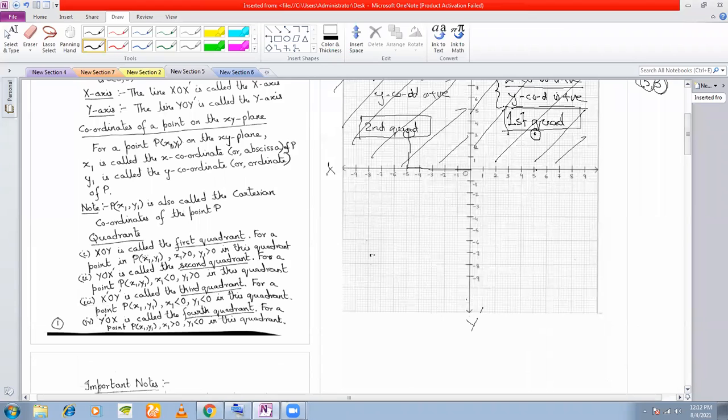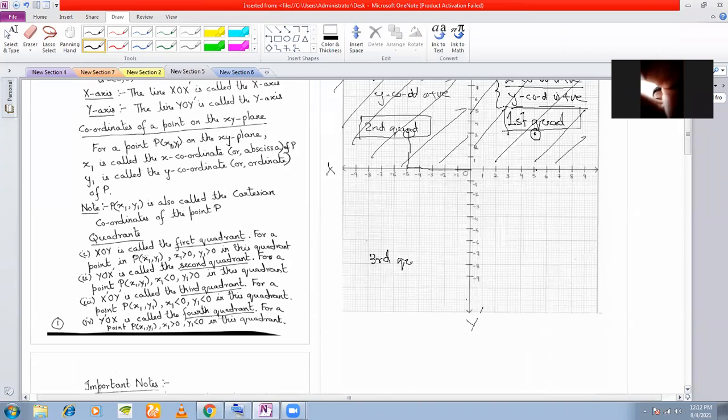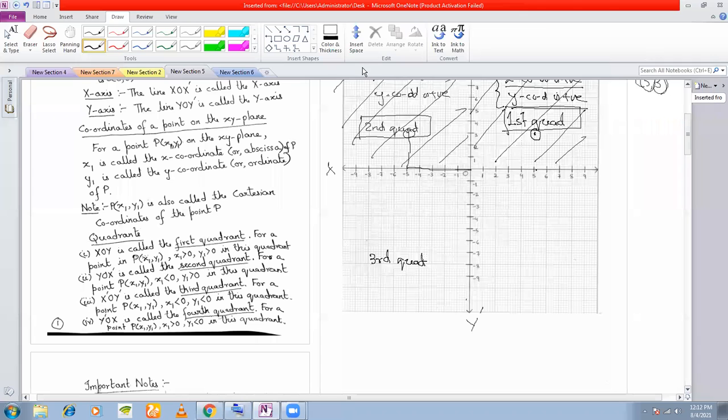Next, this is called your third quadrant. In your third quadrant, the x coordinate is negative and the y coordinate is also negative.